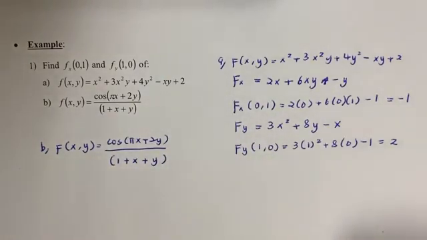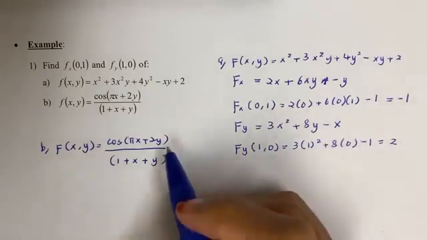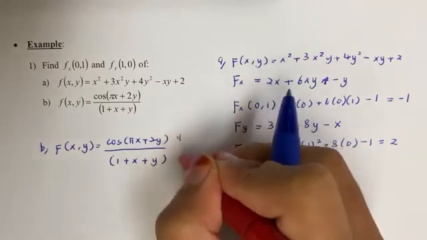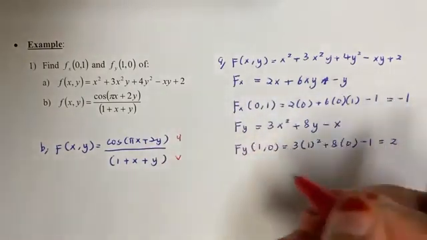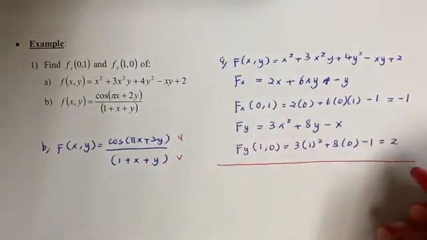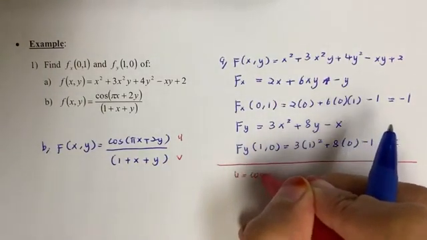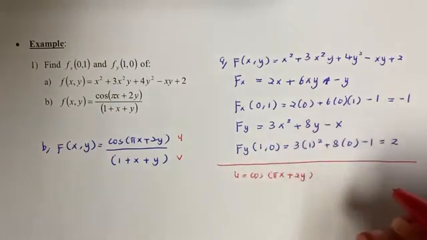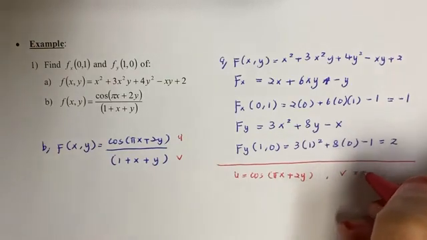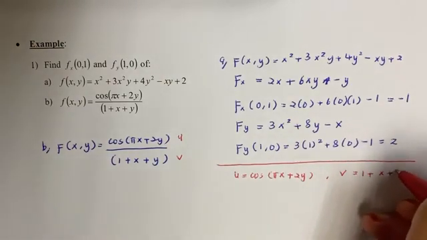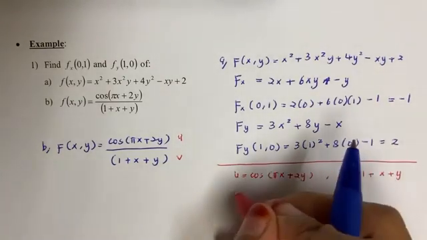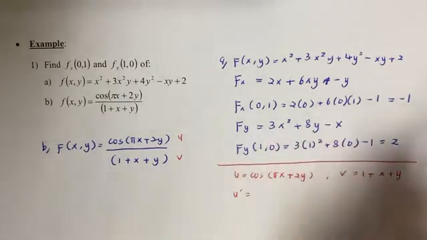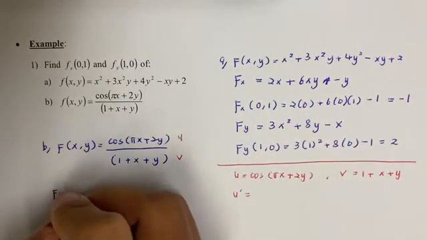Okay, use the quotient rule. The numerator becomes your u, and the denominator is v. So let's say here you have u equal to cos(pi x plus 2y), and v equal to 1 plus x plus y. Find u prime with respect to x for fx.